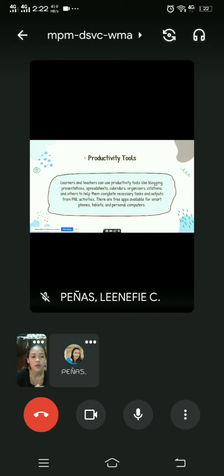It helps them to complete necessary tasks and outputs from PBL activities. Also, there are free apps available for smartphones, tablets, and personal computers, such as websites or applications. For example, right now we are using Google Classrooms for implementing our classes, Google Meet, Zoom, Messenger, and so much more.